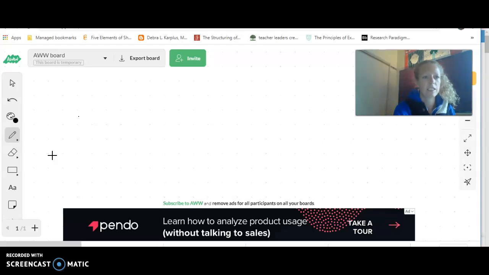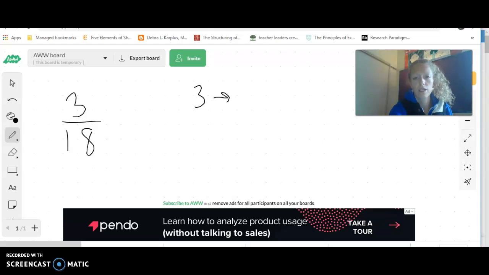It is 3 over 18. So 3 over 18. What's my first step? List my factors, right? So factors for 3 are 1 times 3 equals 3, and 3 times 1 equals 3. Pretty easy.